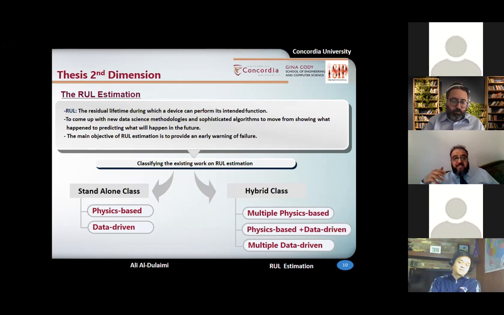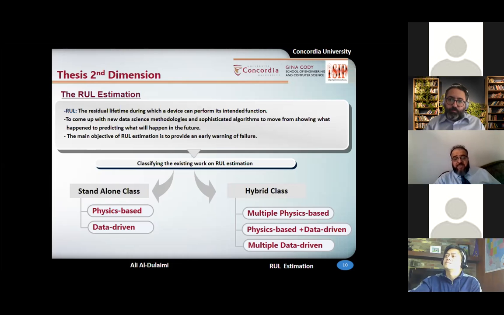To classify the existing work for RUL estimation in the literature, we can classify them in two classes. Either the standalone, which is represented by either only physics-based or only data-driven, or the hybrid class, which is based on multiple physics-based, or physics-based and data-driven mixed between them, or multiple data-driven.